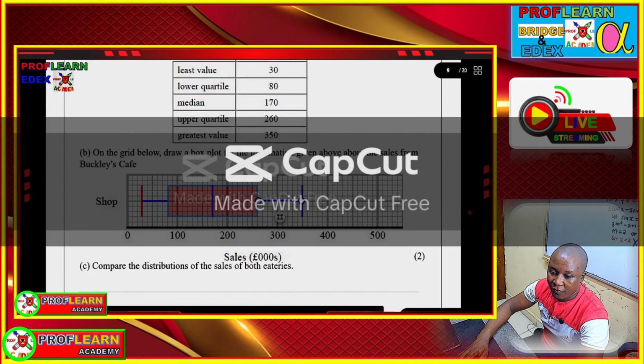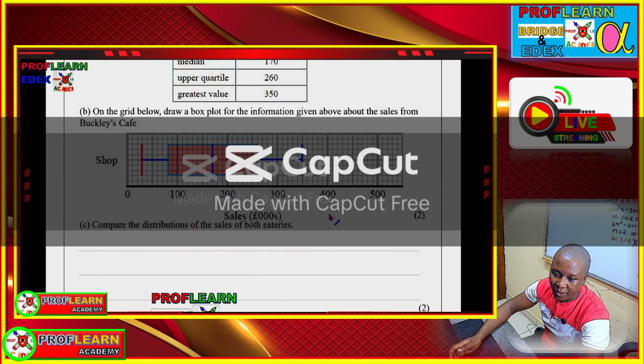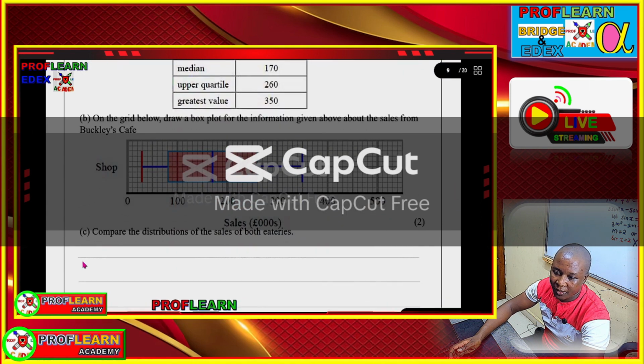All right, so moving to the next question: compare the distribution of sales for both eateries. Whenever you are comparing where more sales took place, you are going to look at the median. In that case, we can see the median for the second part here is 170, and the median for the upper part was 200.